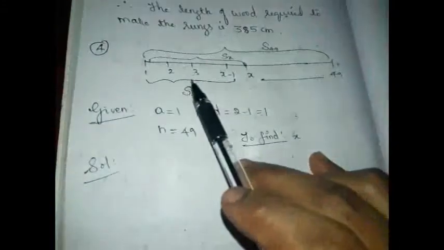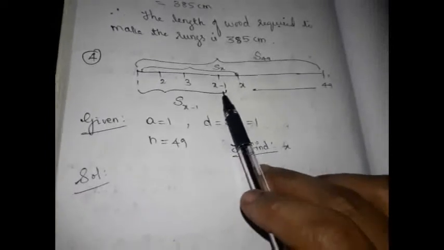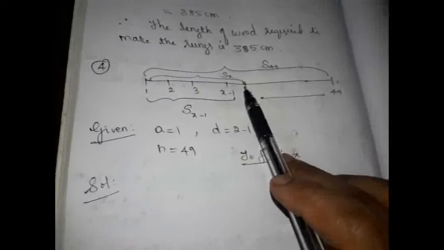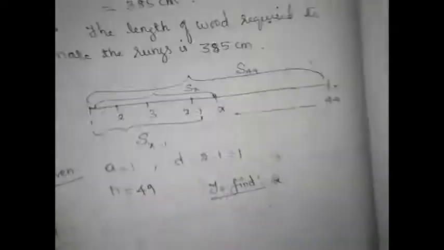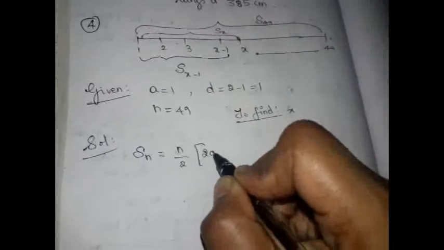Yes, let us see how we can solve this now. So what are we going to do now? We need to write S x minus 1 equals S 49 minus S x. Right? So it is clearly an AP because it is numbered consecutively. So the common difference is going to be 1. First term is 1. So now let us proceed with our solution. What is the Sn formula? n by 2 into 2a plus n minus 1 times d.